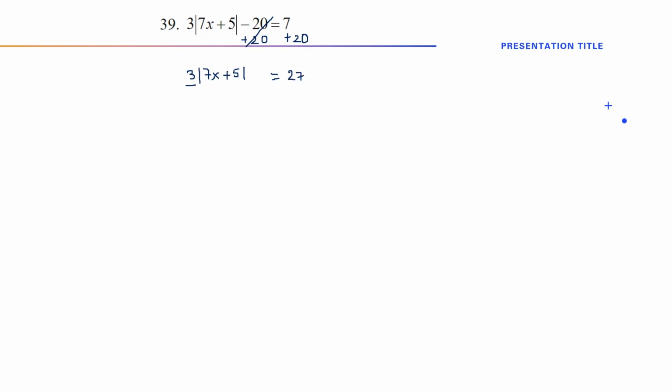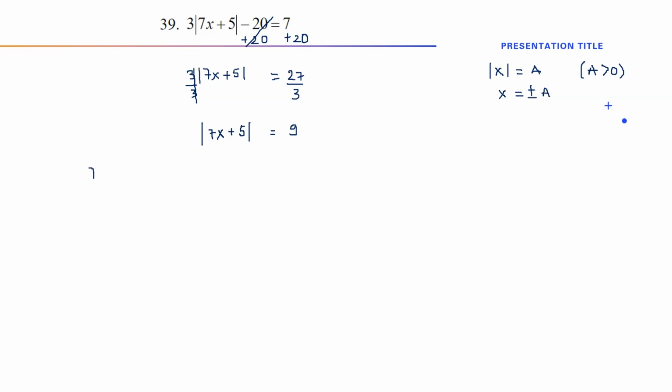Now we divide both sides by 3. We have the absolute value of 7x plus 5 equal 9. It looks good because remember the form: we have x inside the absolute value and a has to be greater than 0. Then the solutions are x equal plus or minus a.